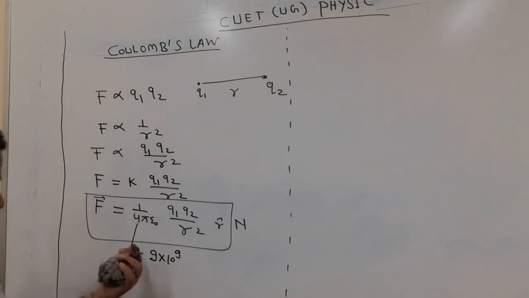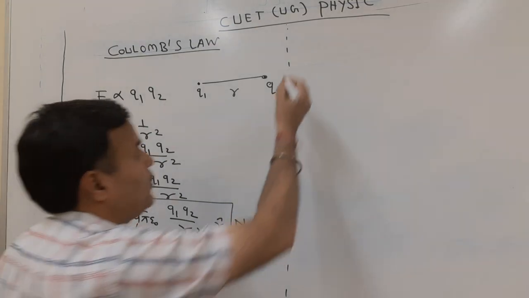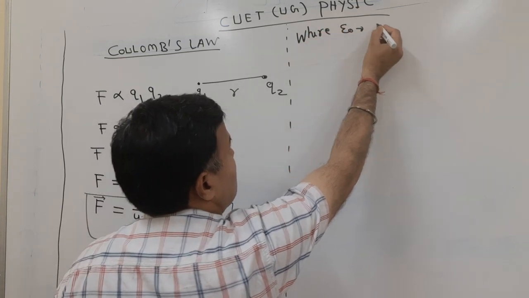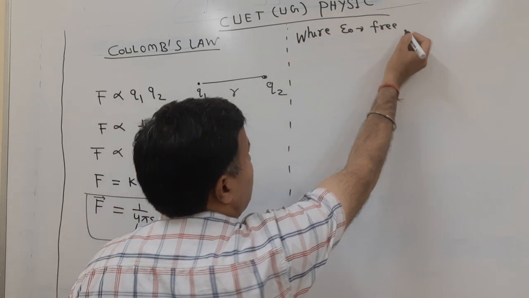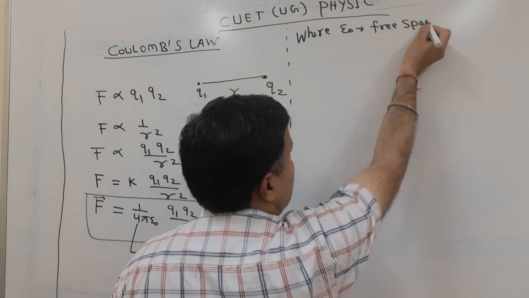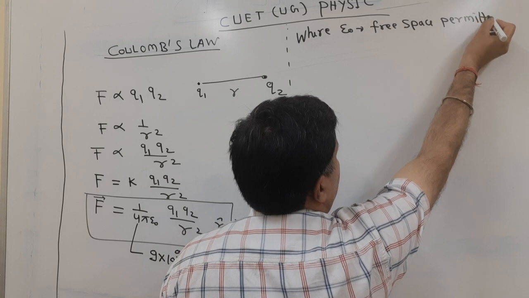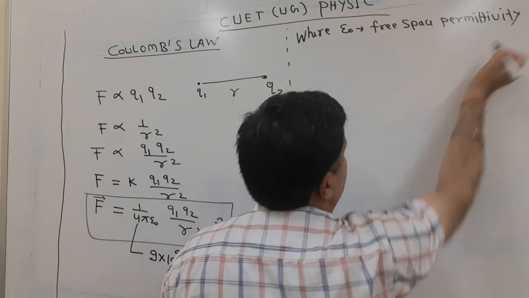Here epsilon 0 is the free space permittivity.